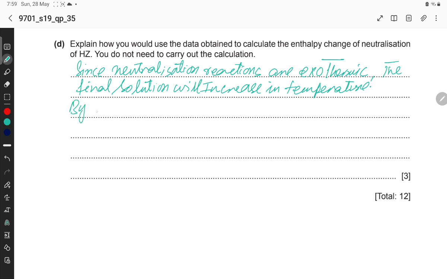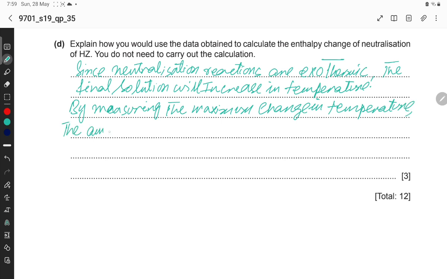By measuring the maximum change in temperature, the amount of energy produced by neutralization can be calculated.